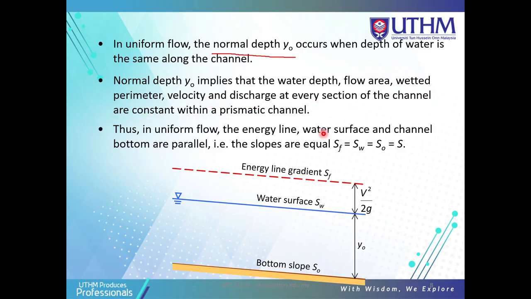In uniform flow, the energy line, the water surface and the channel bottom are parallel, and their slopes are equal: the energy line gradient equals the gradient of the water surface, which equals the channel slope S naught. This is the normal depth for uniform flow.